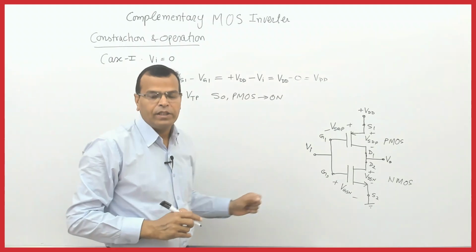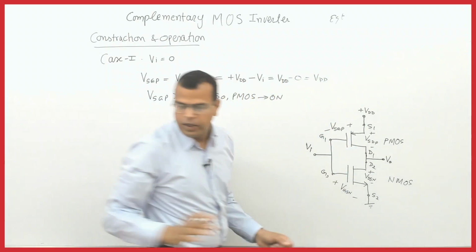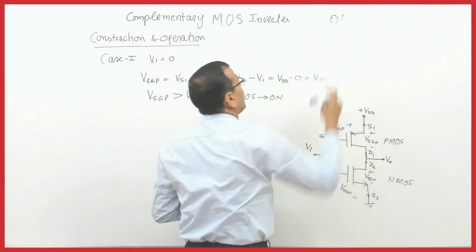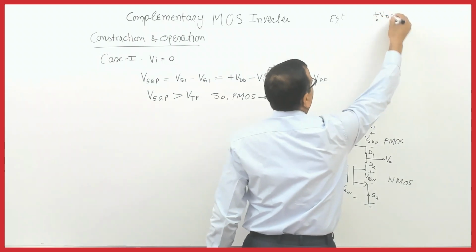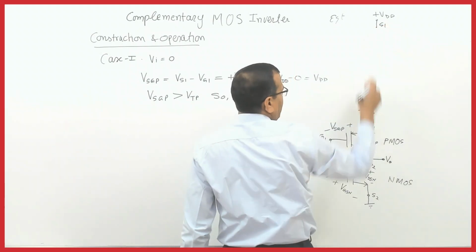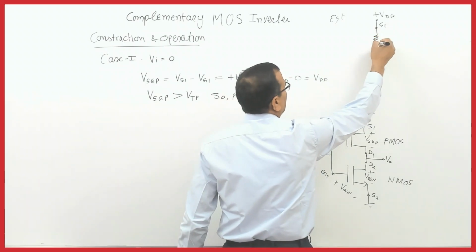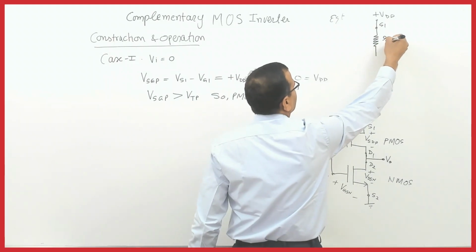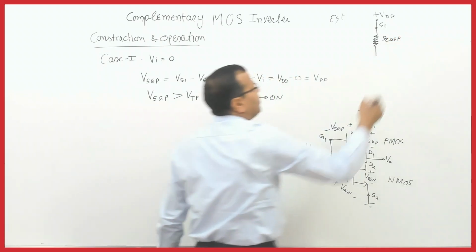If you draw the equivalent circuit of this, let us see what will be the equivalent circuit. Here I have plus VDD, this supply voltage, then we have the source terminal S1, and this is behaving like a closed switch offering some finite resistance, that is RDS for PMOS.